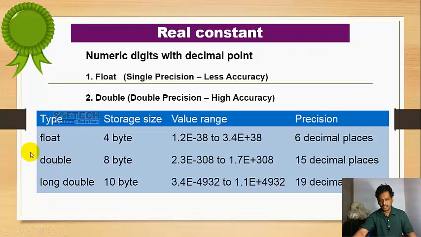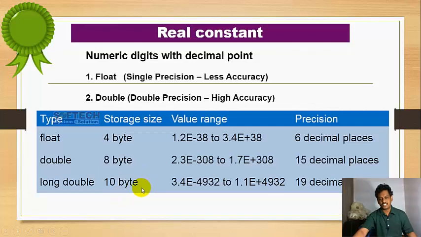We cannot apply it to float. The float occupies 4 bytes, double occupies 8 bytes, long double occupies 10 bytes, not 16 bytes.